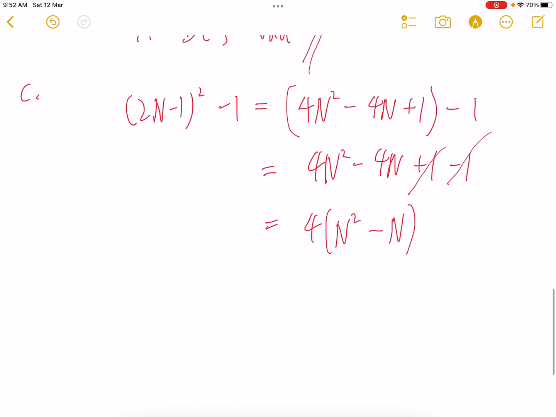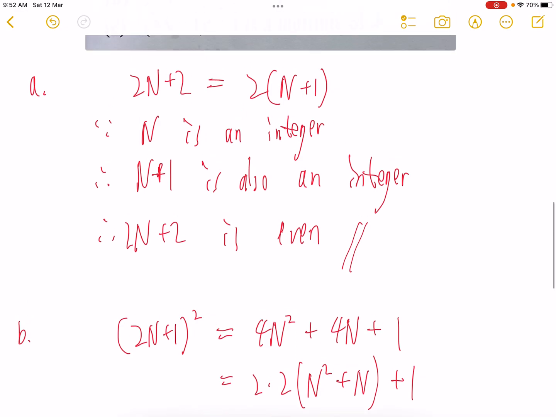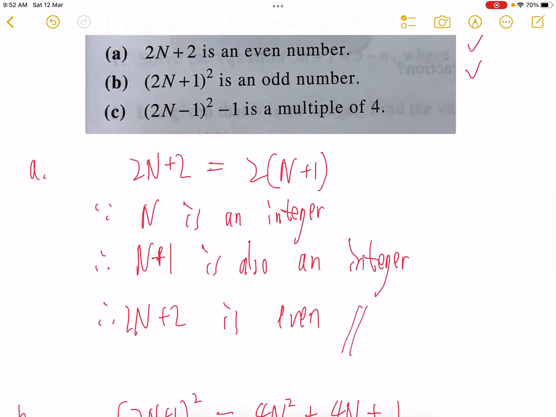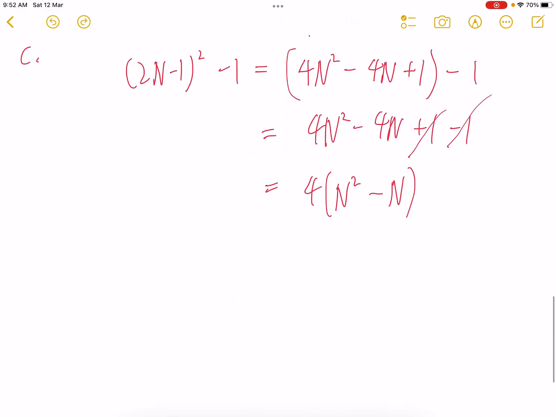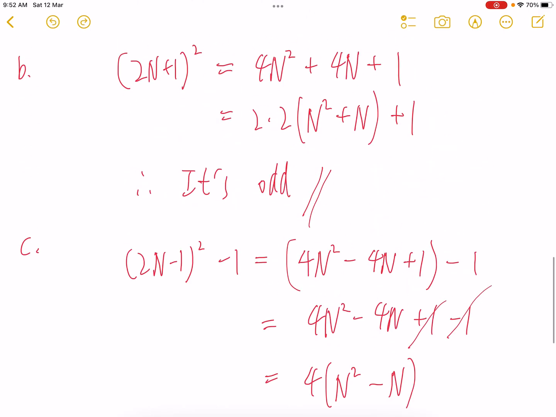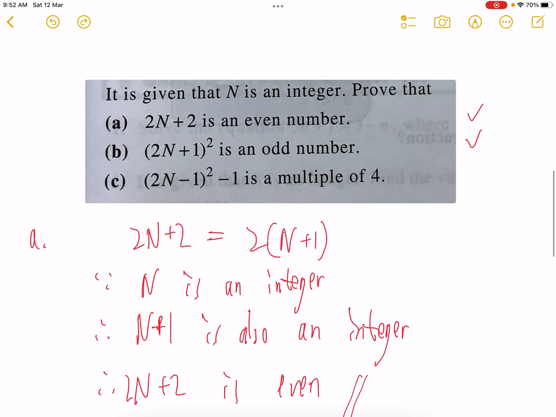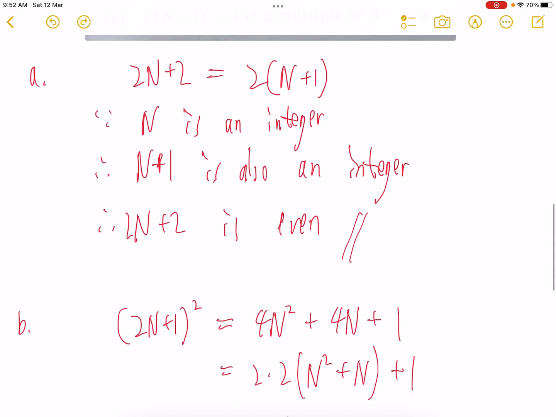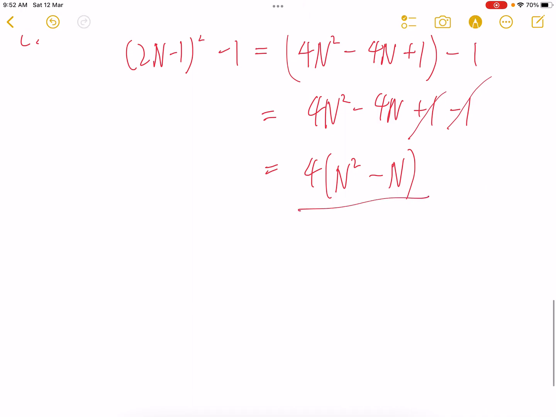Okay, and similar to the previous strategies, when we have a 4 at the front, there is going to be a factor of 4, which means it is divisible by 4. And let's see, it is a multiple of 4. A multiple of 4, yeah, just the equivalent meaning over here.